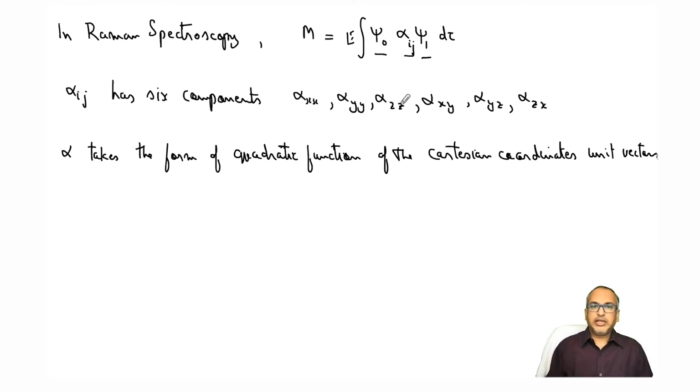Which is in the form of x square, y square. We can write down x square, y square, z square, xy, yz, zx.